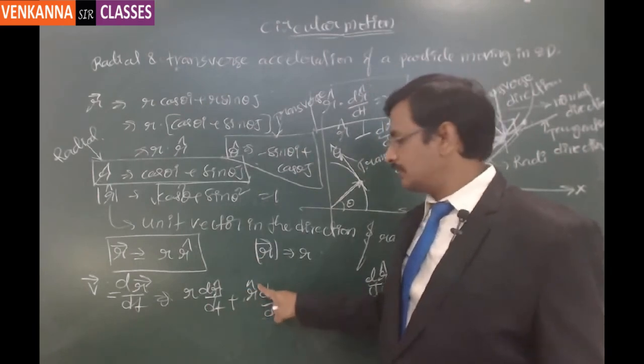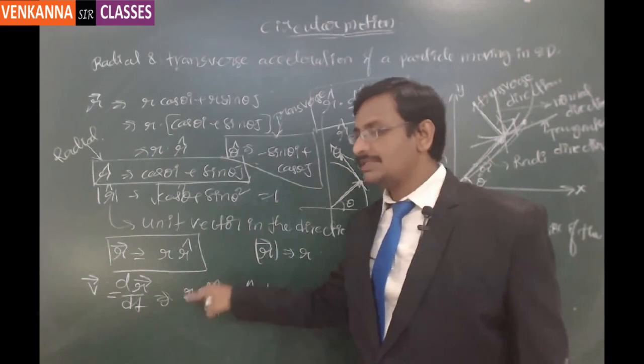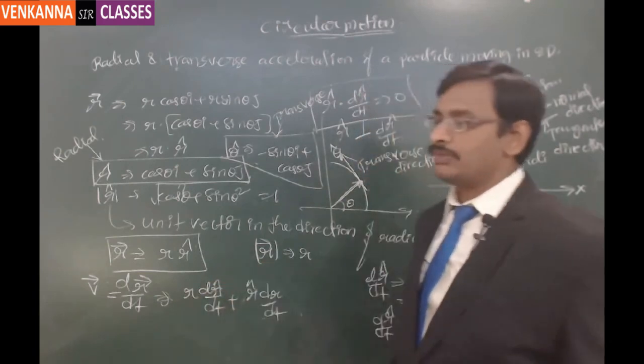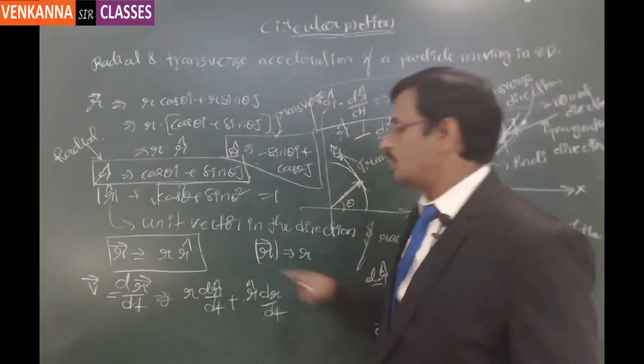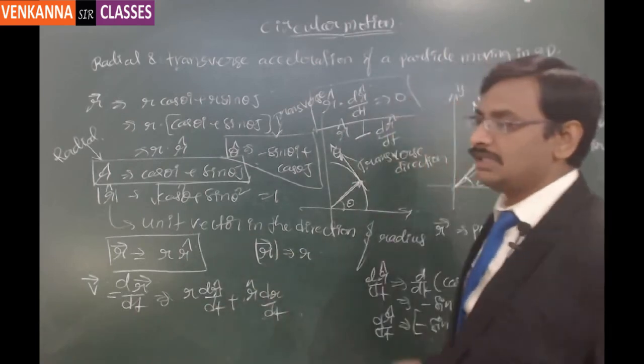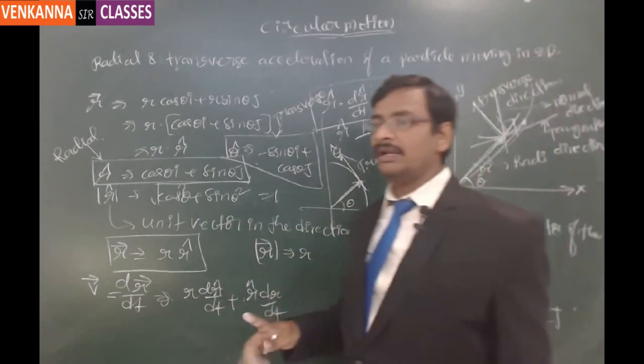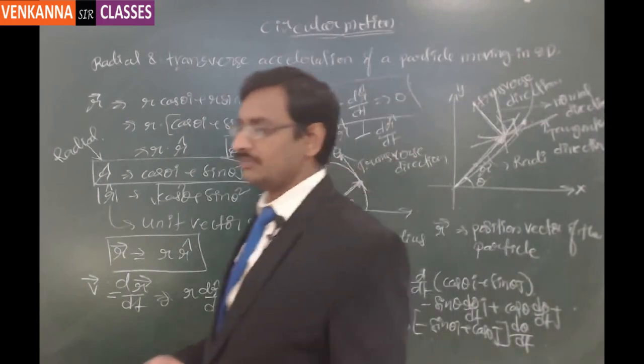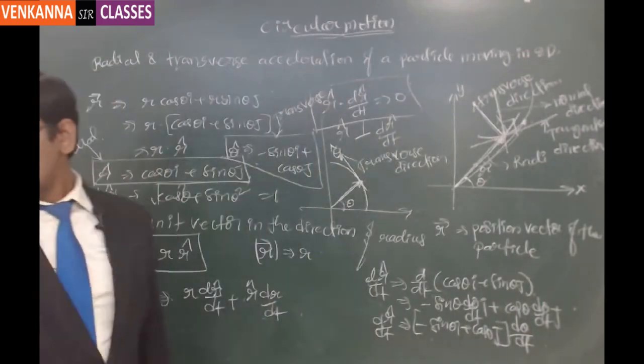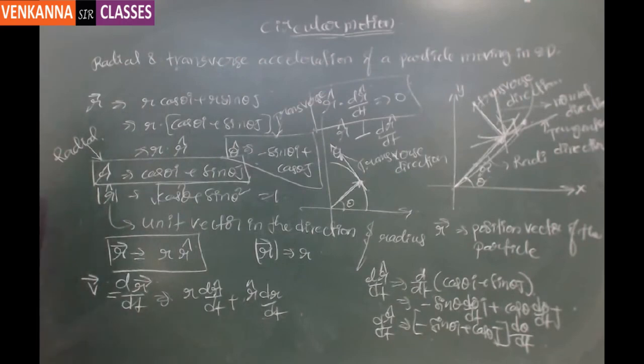Here r into d theta by dt is the magnitude and theta cap is the direction. Hence from this relation we can make out the velocity in both directions, one radial and another transverse. Got it? Any questions on this?